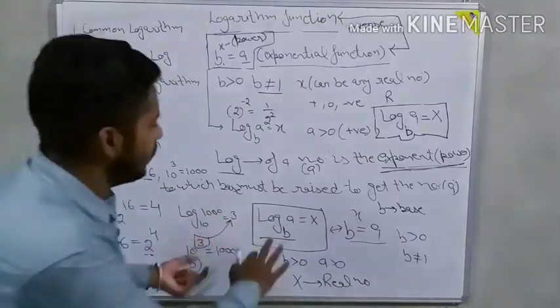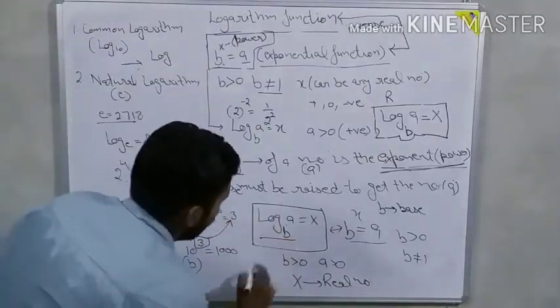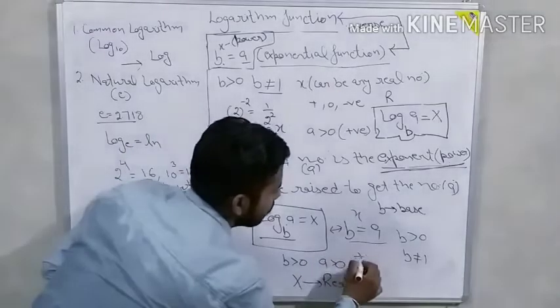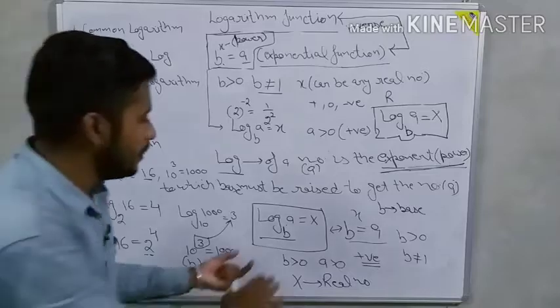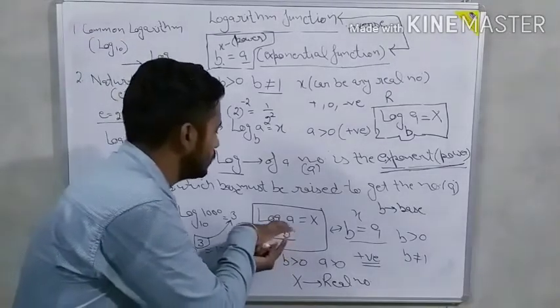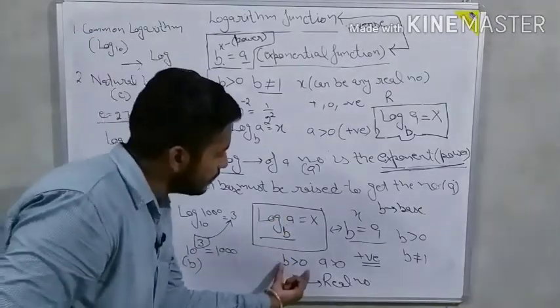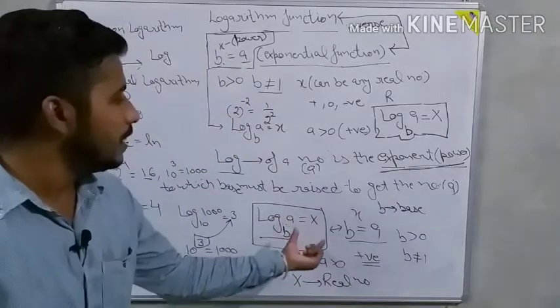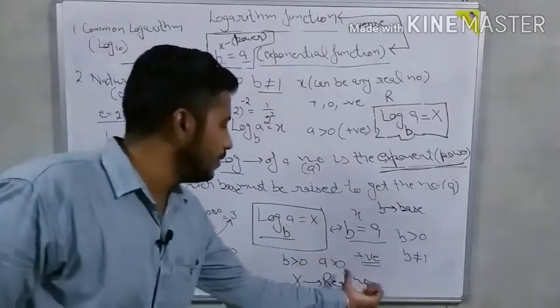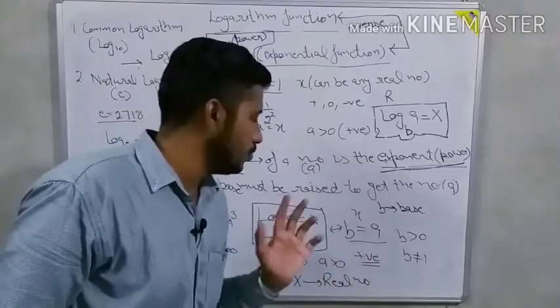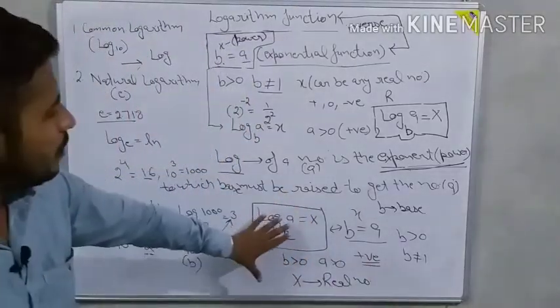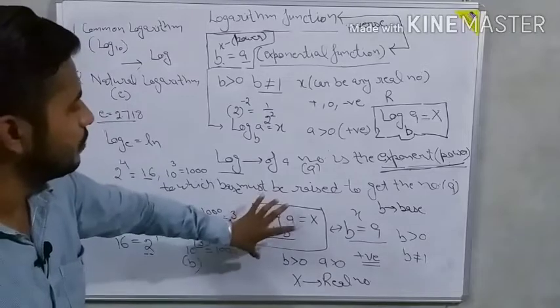So it is clear that log is only defined for positive numbers, and the base of the logarithmic function must be greater than 0, and the answer can be any real number. It can be positive as well as negative, or it can be 0. This is the basic definition of a logarithmic function.